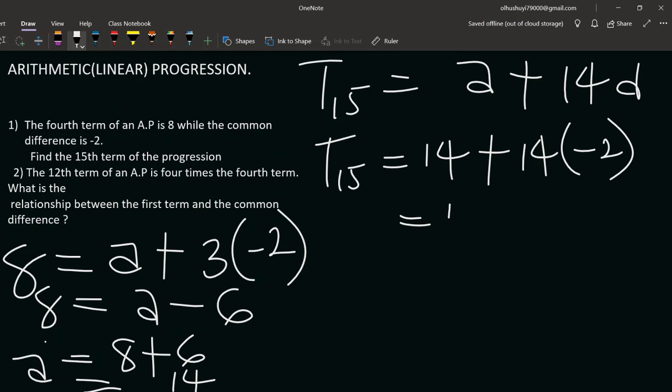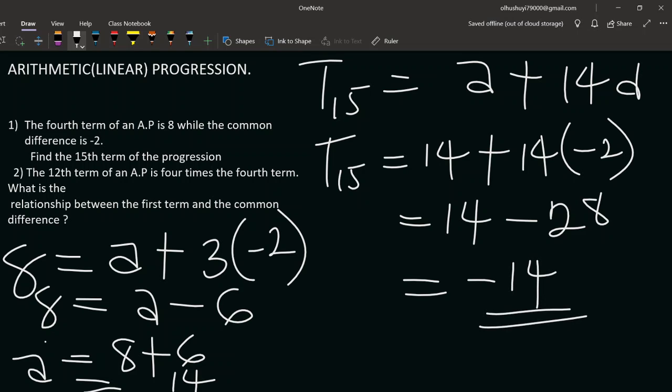That should be equal to 14 minus 28. So 14 minus 28 will be minus 14. That's what our 15th term will give us. We are done with that.